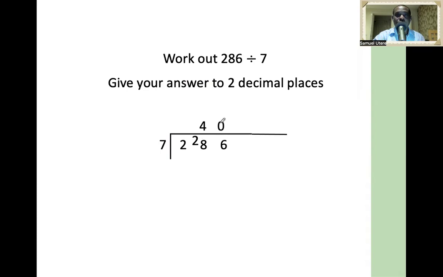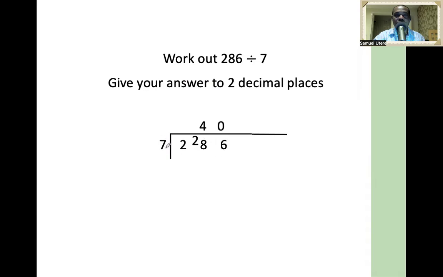Because we need a place value there, so that we can do the exchange of the 6, which is our remainder, to do our decimal division. So imagine you want to divide this 6, so this is tens and then ones. So you have 6 ones.